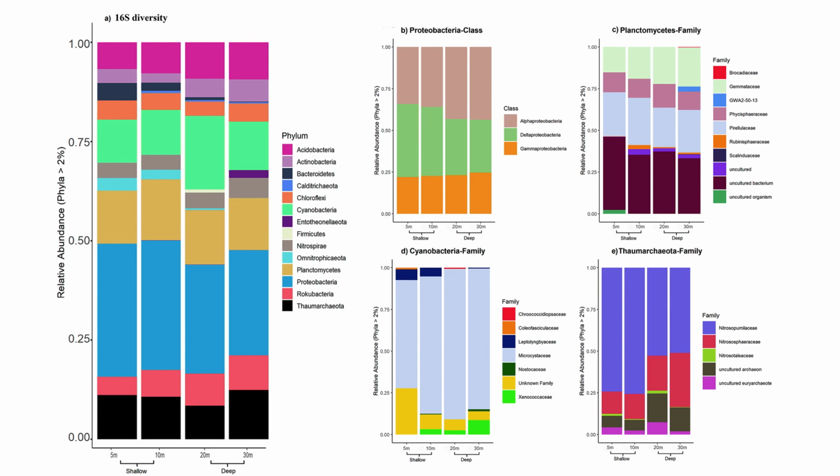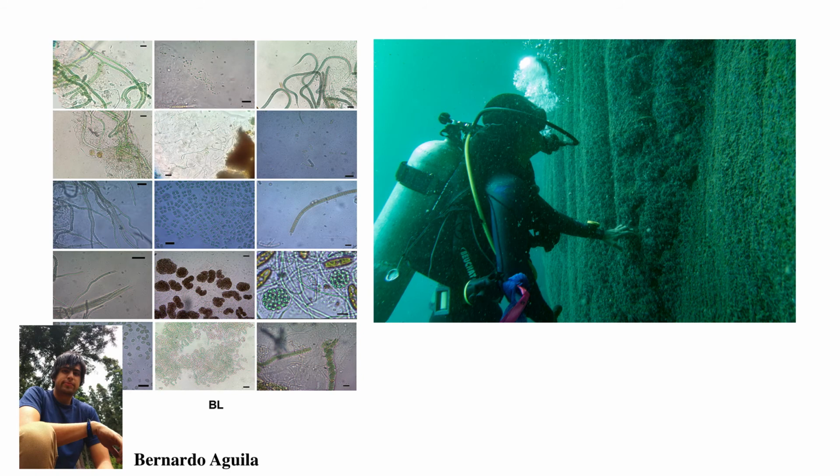And so we're already analyzing some shotgun sequences to try to reconstruct the genomics of these microbes. Bernardo Aguila is doing his PhD studying the cyanobacteria and microbialites from Bacalar Lagoon, but also from the blue sinkhole.